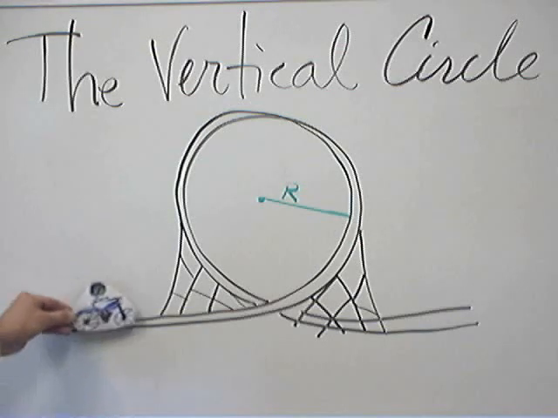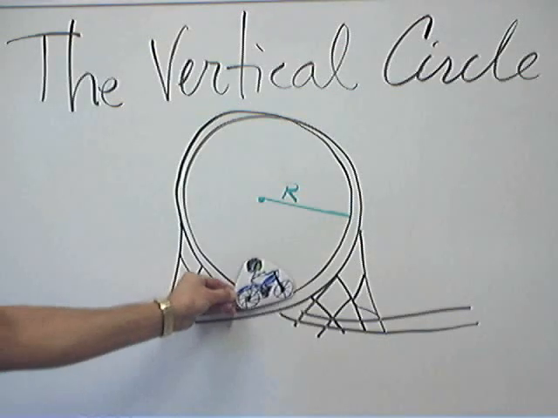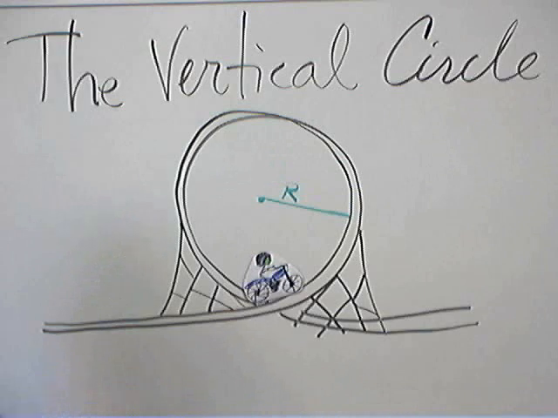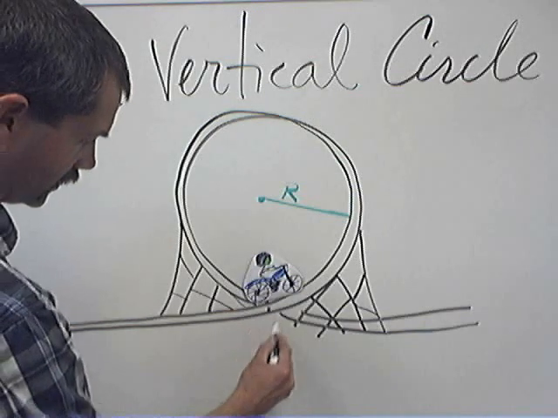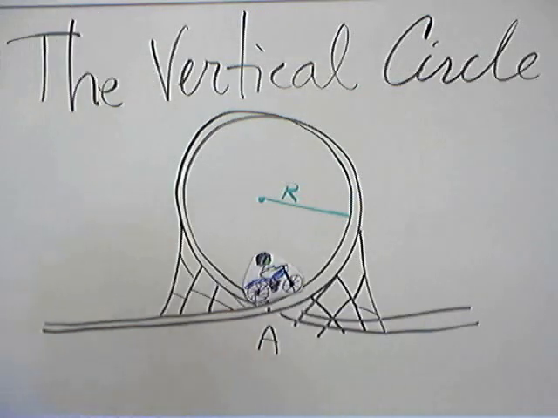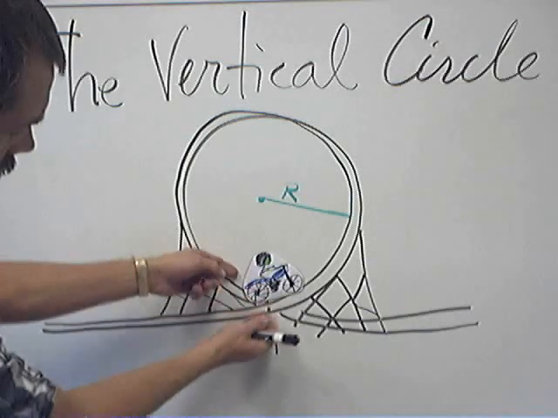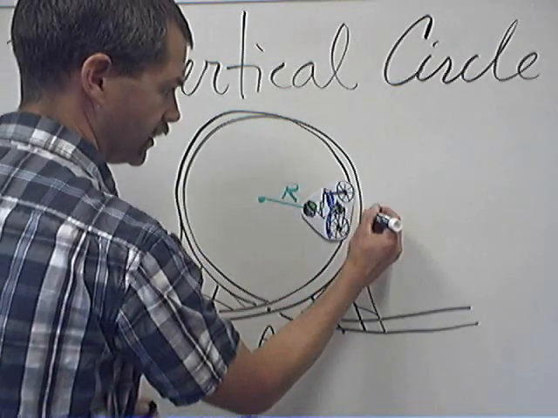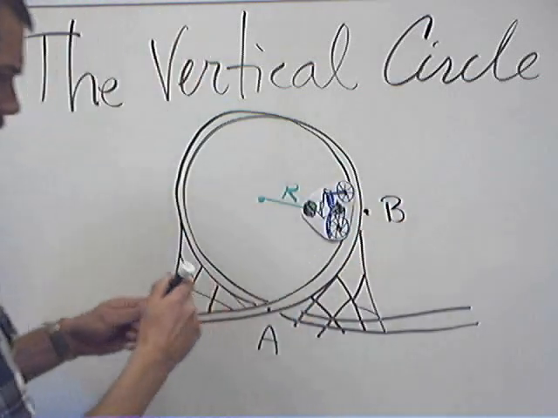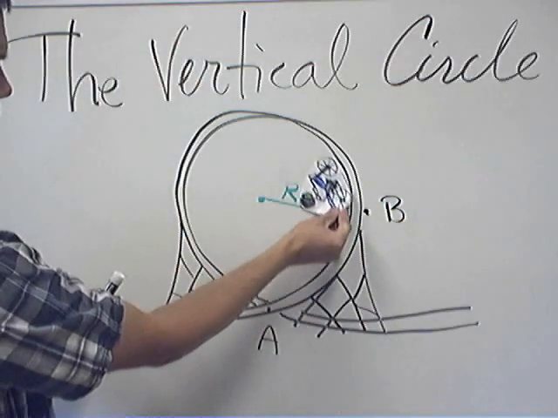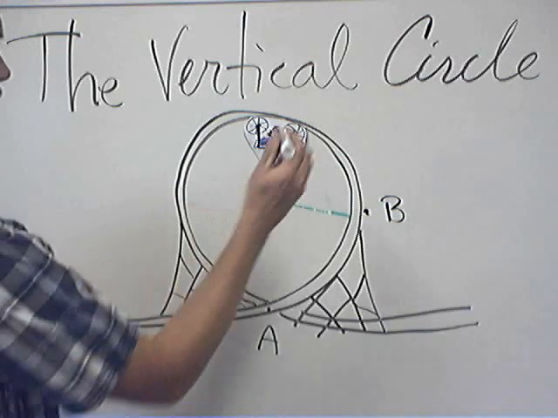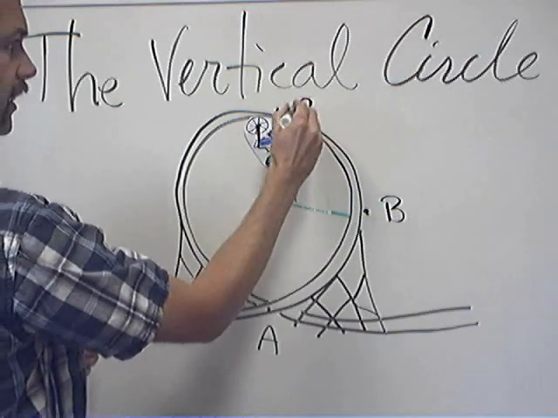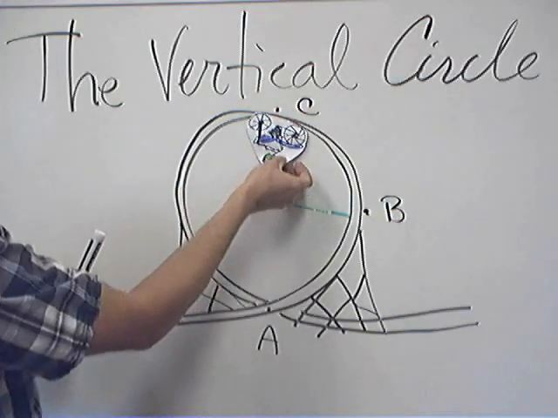So now, here we go. As I'm moving along, as I enter the ramp, we're going to call this point A. As we move up here, I'm at point B. As the crowd is getting excited and I'm moving my way around the loop, here's point C. And now, oh no, what if it breaks right there?